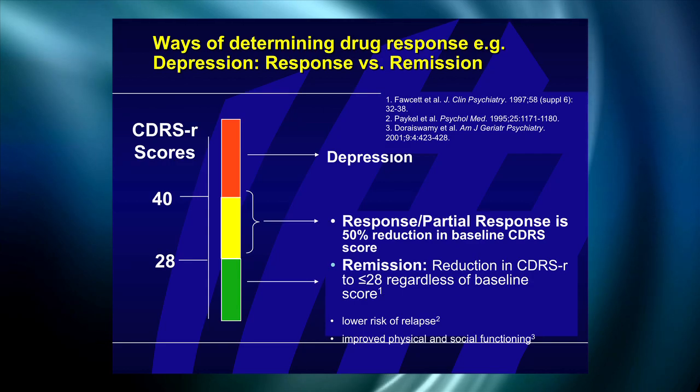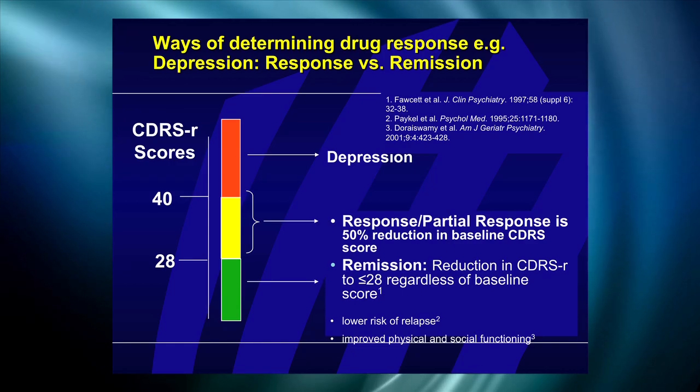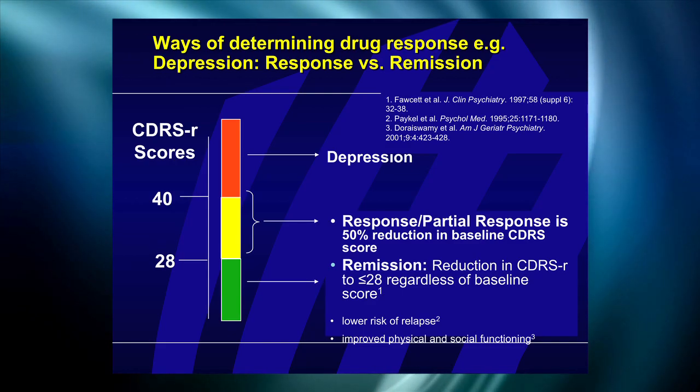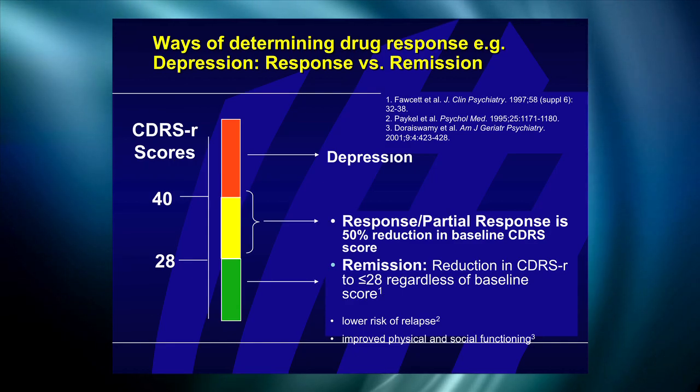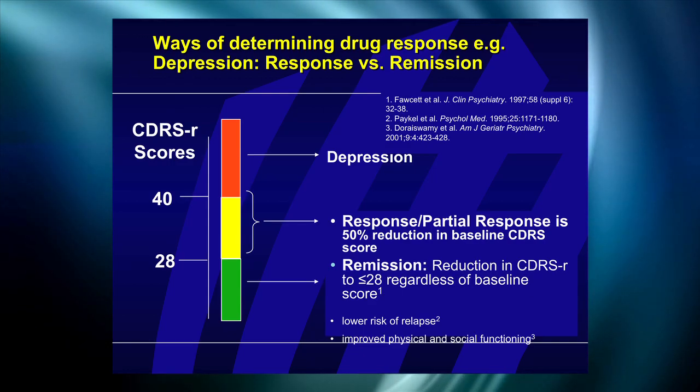And that is not a parent rating scale, it's an interview rating scale. After I finish interviewing a parent and a child and putting all the information together, there are a number of anchored items that you complete and come up with a severity score. Basically, a score of more than 40 usually is what gets you into a drug trial.